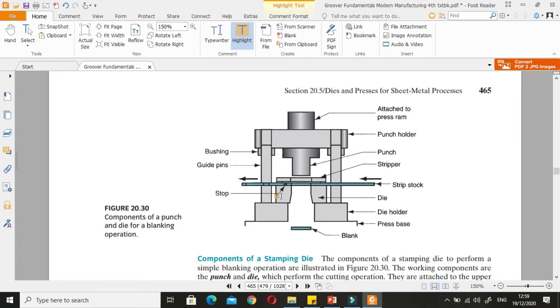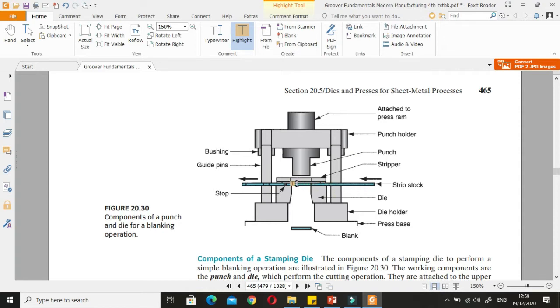Then there's some bushing and there's a stop. What is the function of the stop? If we are performing the blanking or the punching over a coil or a strip, the difference between the strip stock and the coil is that the coil is a continuous reel of material we are feeding into the machine.